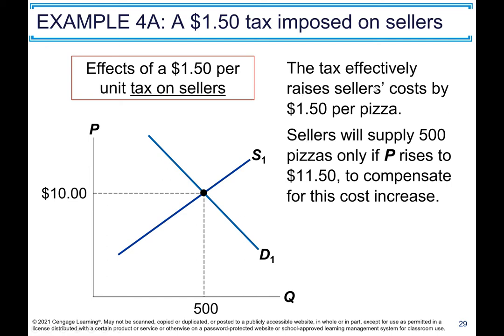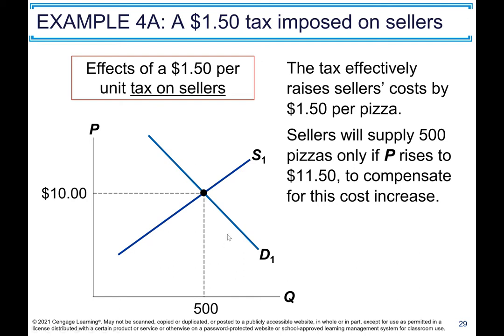So the tax effectively raises the seller's cost by $1.50 per pizza. Sellers will supply 500 pizzas only if the price rises to $11.50, to compensate for this cost increase. This is now a tax imposed on sellers.